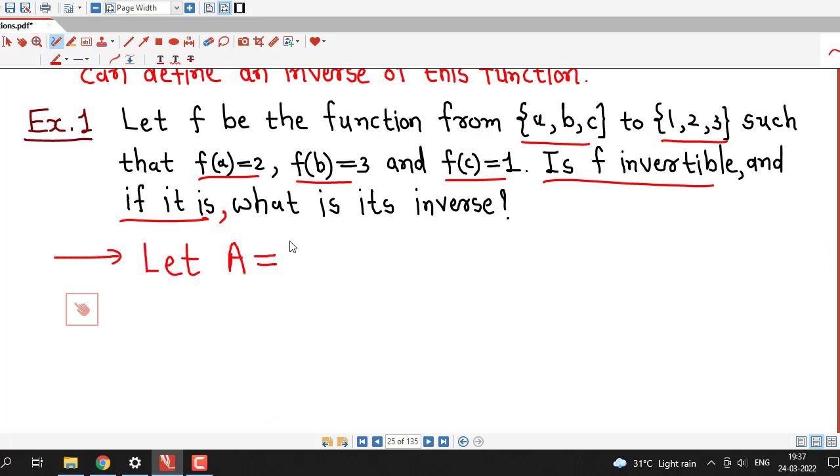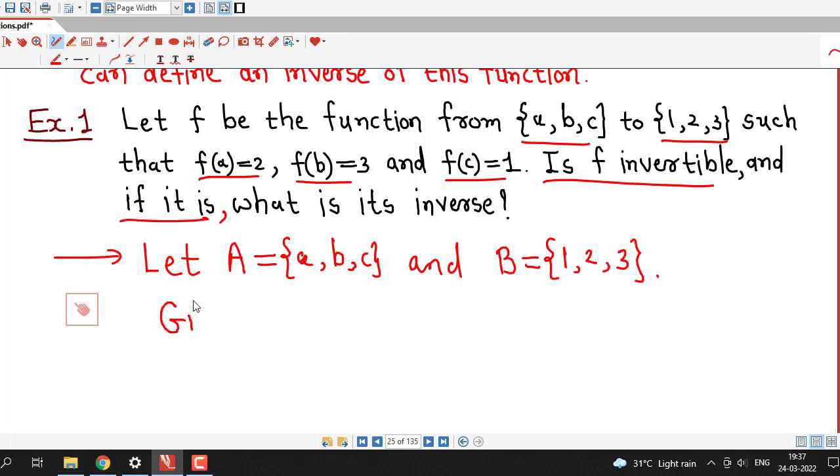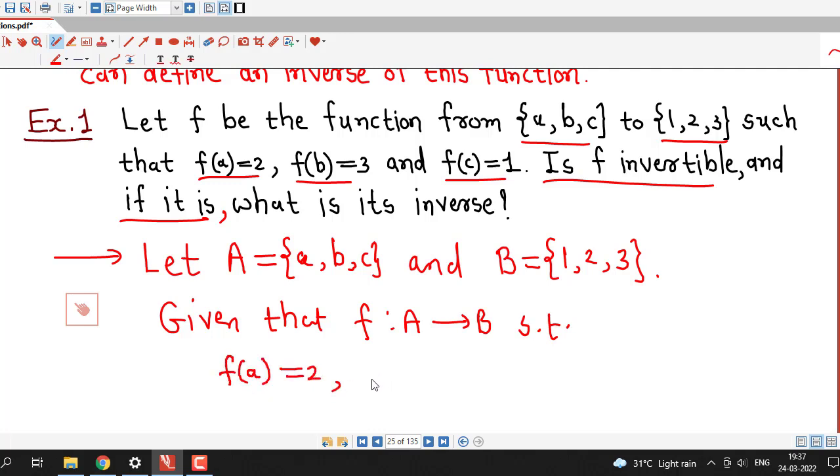We denote the set containing a, b, c by capital A, and the set containing 1, 2, 3 by capital B. And given that f is a function from A to B such that image of a is 2, image of b is 3, and image of c is 1.